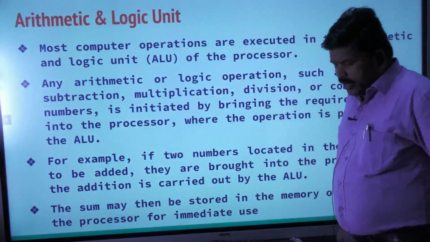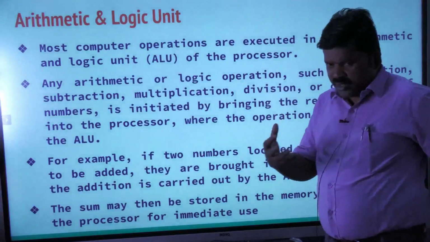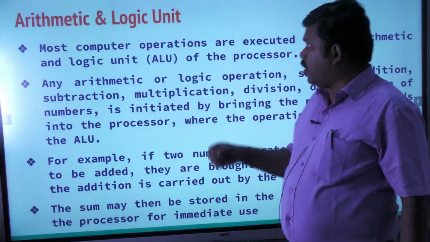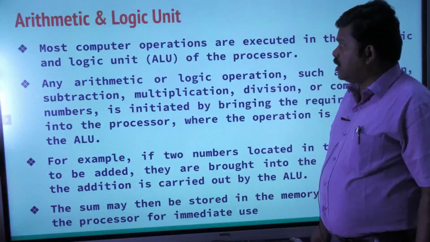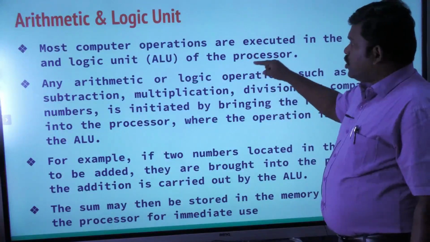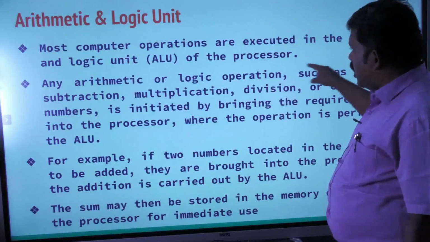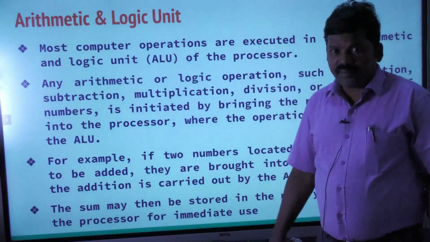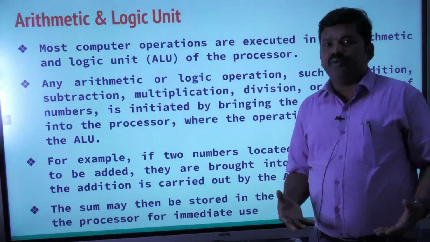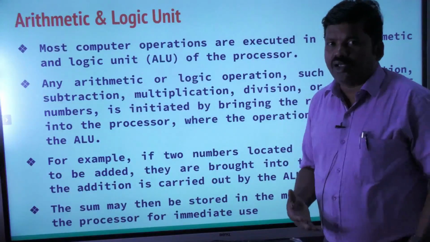Another important unit, the heart of the processing unit or the heart of the computer, is called the arithmetic and logic unit. Most computer operations are executed in the arithmetic logic unit of the processor. Inside the computer there is a CPU, and the CPU contains the arithmetic and logic unit.